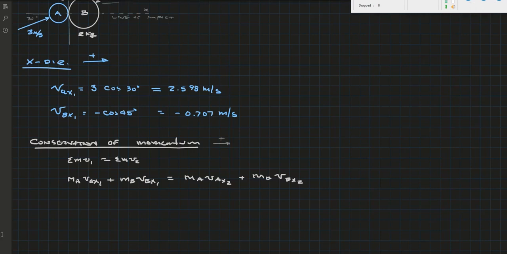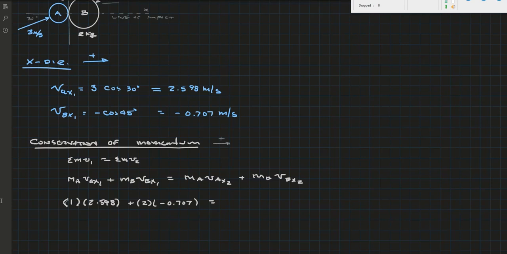So we have mass of A is 1 kilogram times the velocity of A, let's put in what we calculated up above, 2.598, plus 2 kilograms times the velocity of B. Well, velocity B is in a negative direction, 0.707.